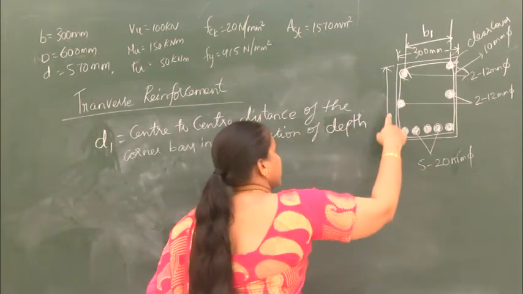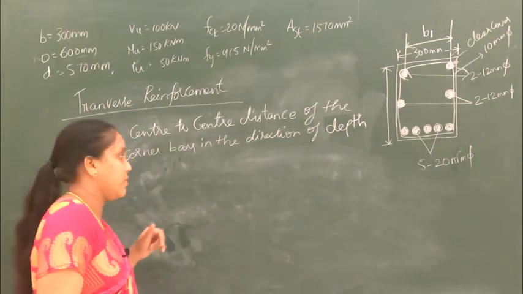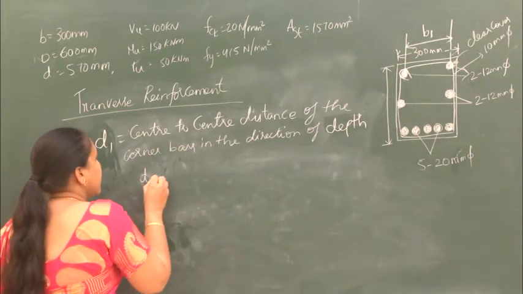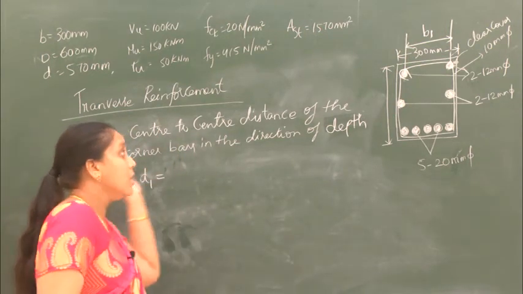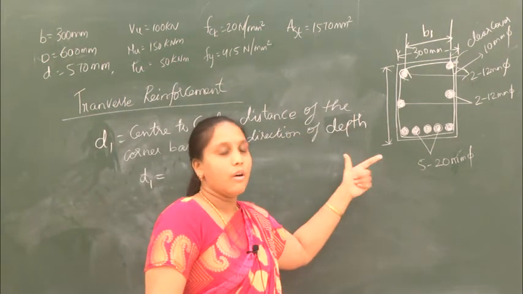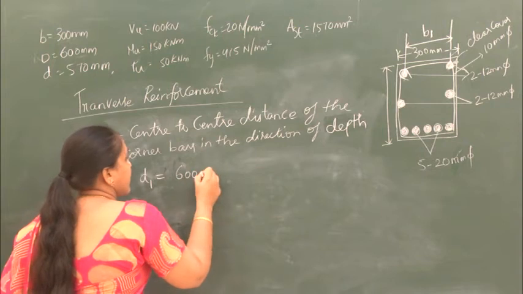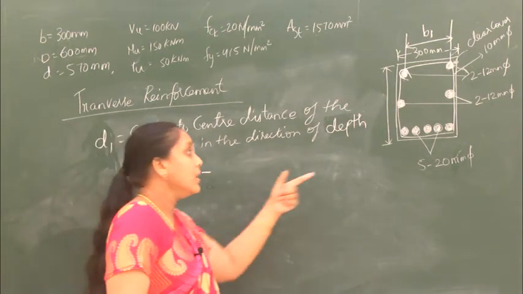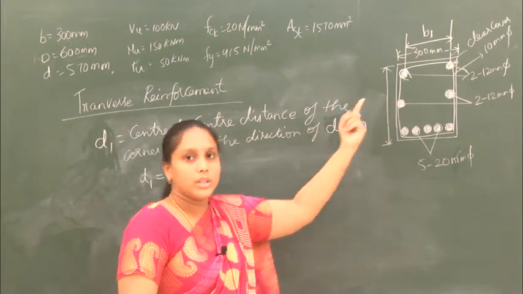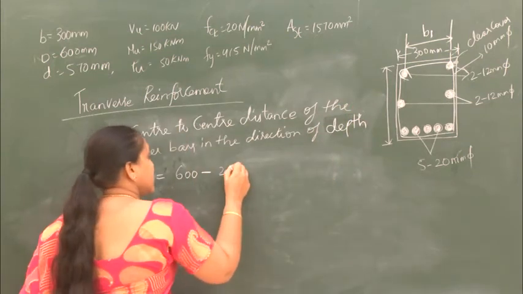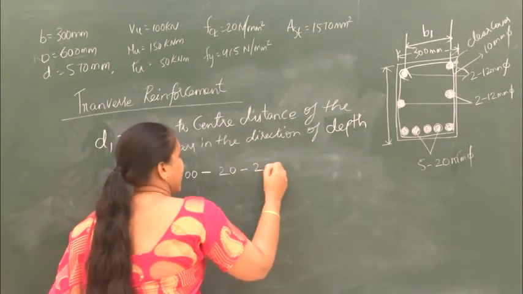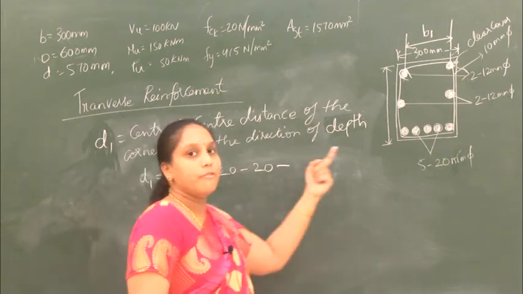That is, in this direction we have to calculate the D1. So in a similar way, D1 is equal to the depth of the section. What is the depth of the section? It is 600, minus the clear cover on both the sides. So the clear cover is 20, minus 20, minus the dia of the bar.